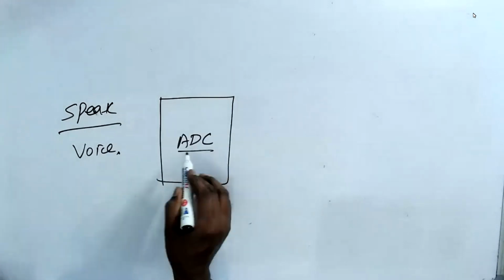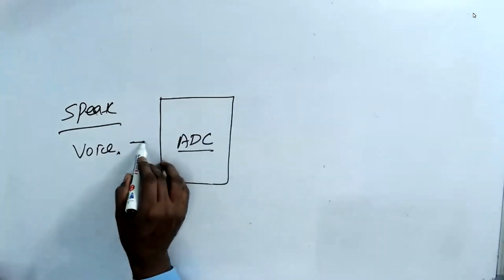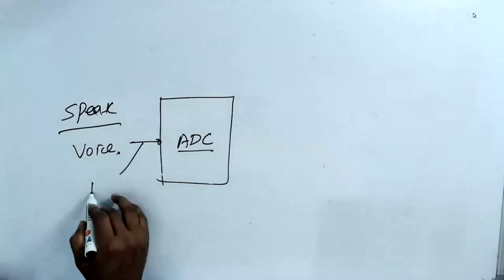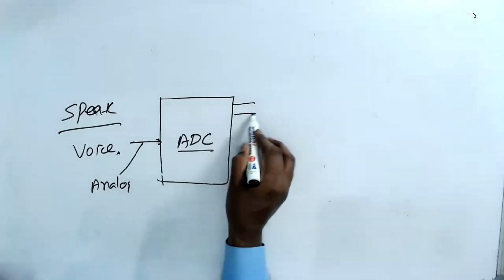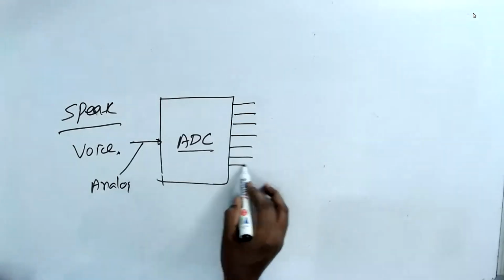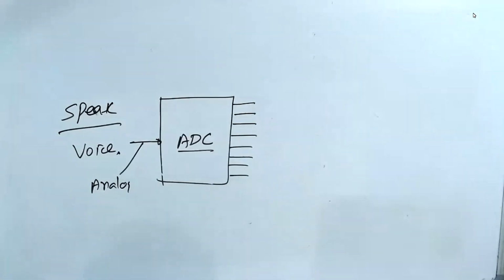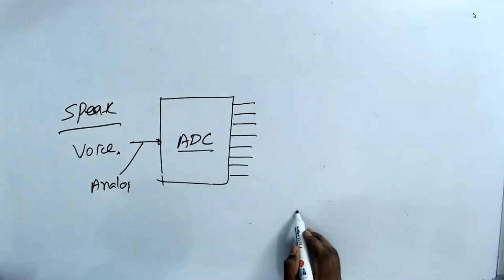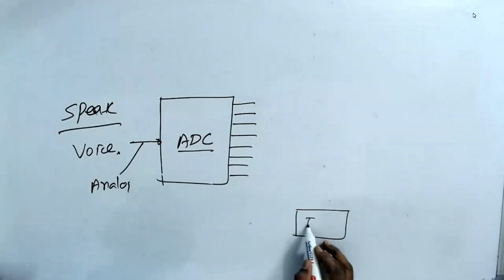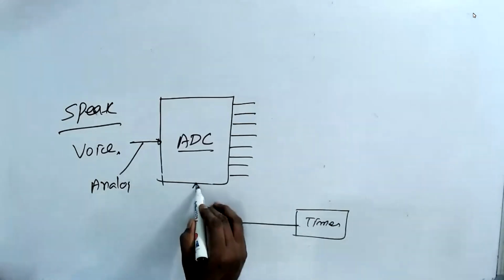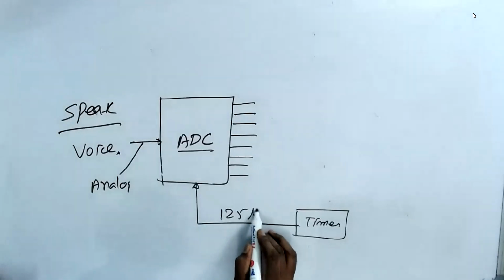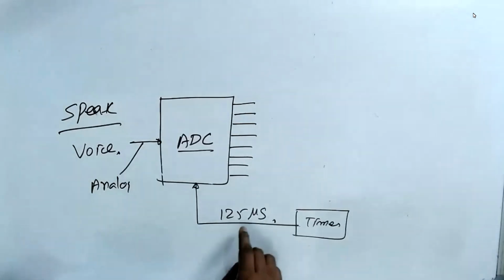We will discuss that next session. The ADC will take the analog signal here and give you a digital signal. And here, I have a timer that will do it every 125 microseconds. I'll explain to you why I'm taking that.